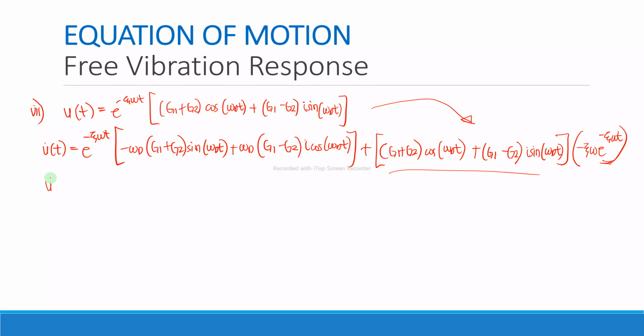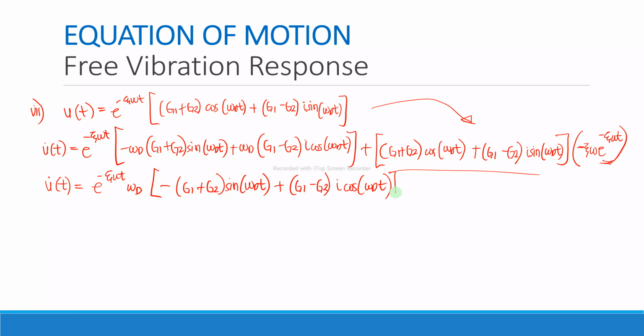So u dot of t, the response velocity, can be written in this form: e to the negative ζω t times ωd times quantity negative g1 plus g2 sine ωd t plus g1 minus g2 i cosine ωd t, minus ζω u of t.